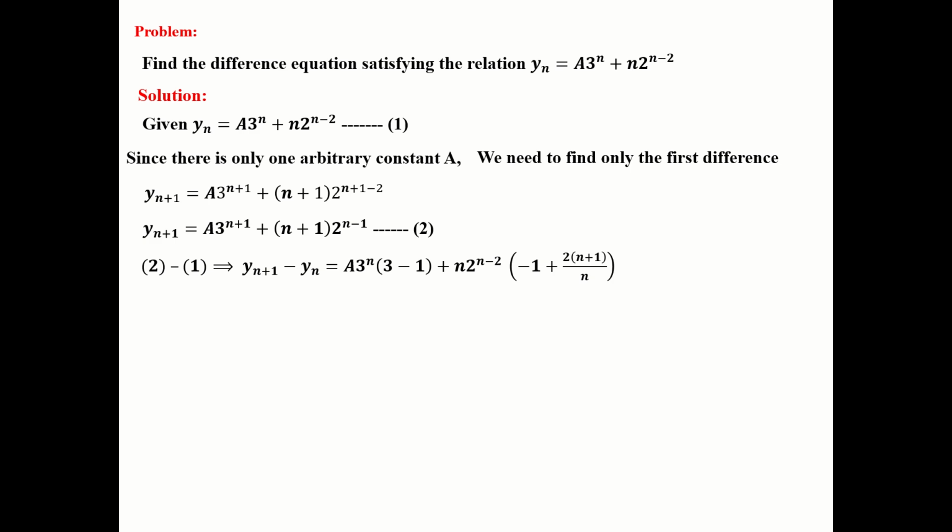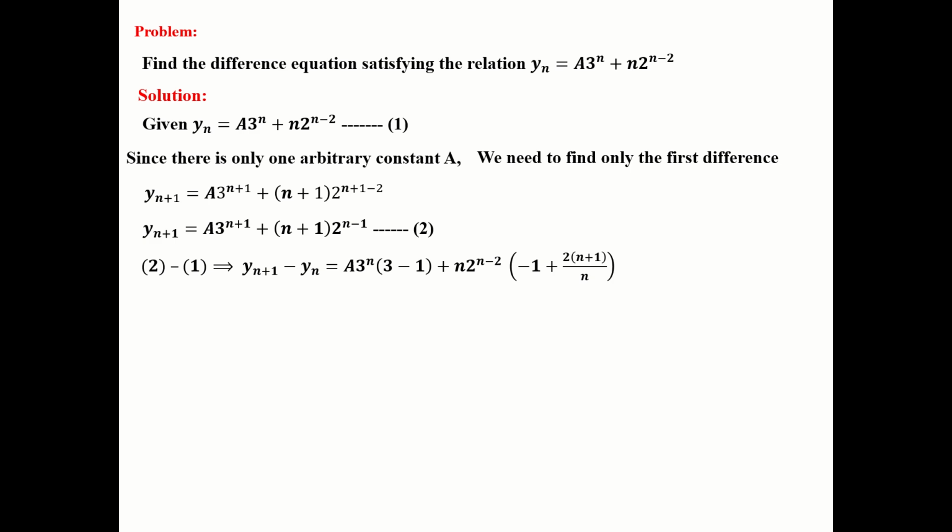So n into 2 power n minus 2 into 2 power minus 1, because you are taking 2 power n minus 2 outside. So you need 2 into 2 power minus 1. Then only you will get 2 power 0, which is equal to 1.